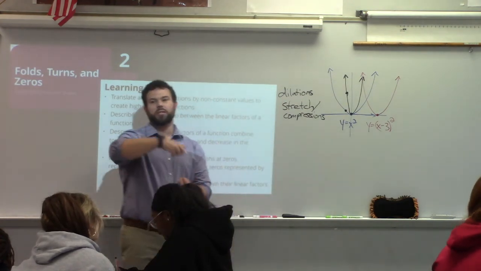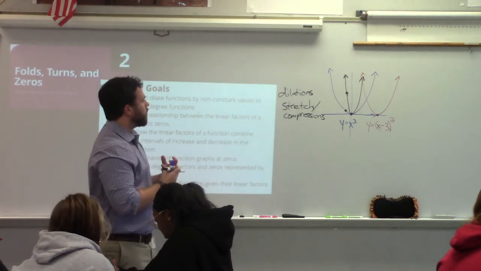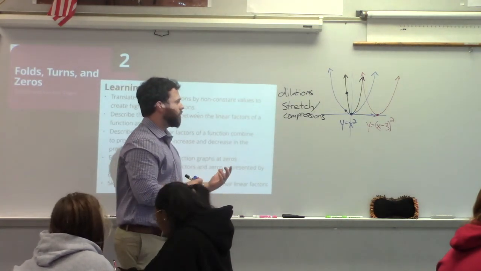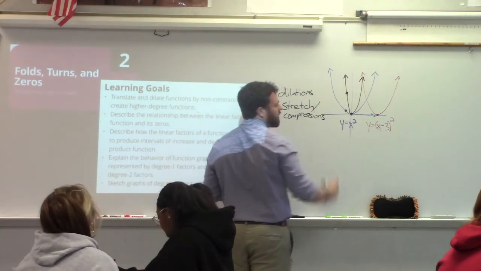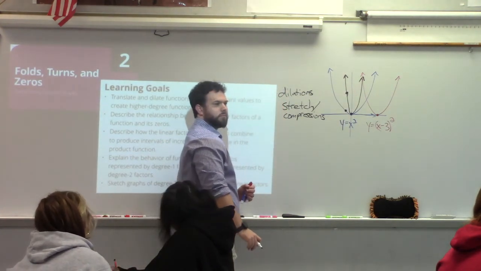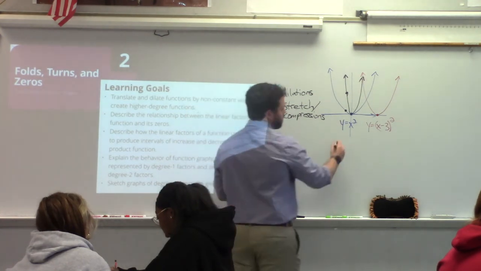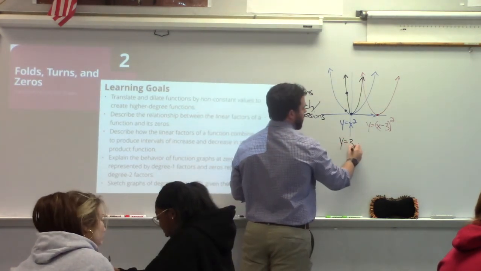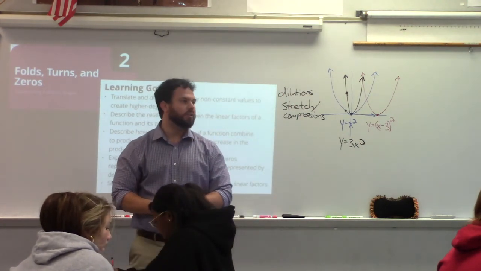So we have dilations that are stretches or compressions. Any guess what would cause mathematically this dilation? In this case, it would be something like 3x squared. Multiplication is what's going to cause a dilation.